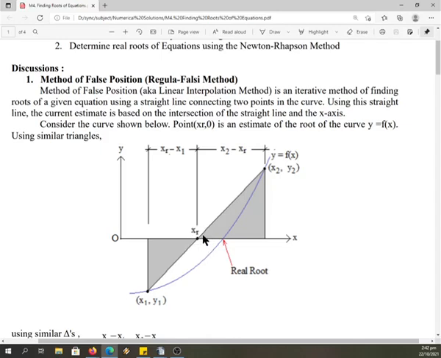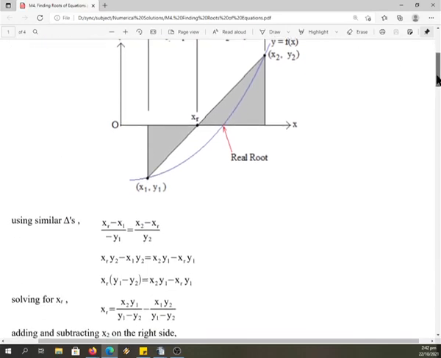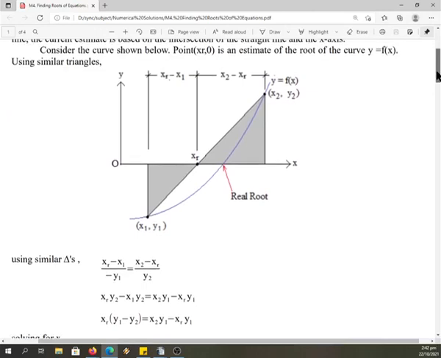Now, the problem is how do we determine the value of XR? The concept we shall use, since this is a linear interpolation method that uses lines, is similar triangles.